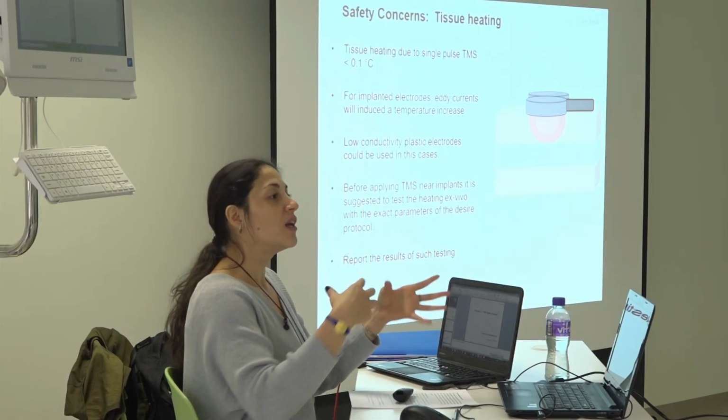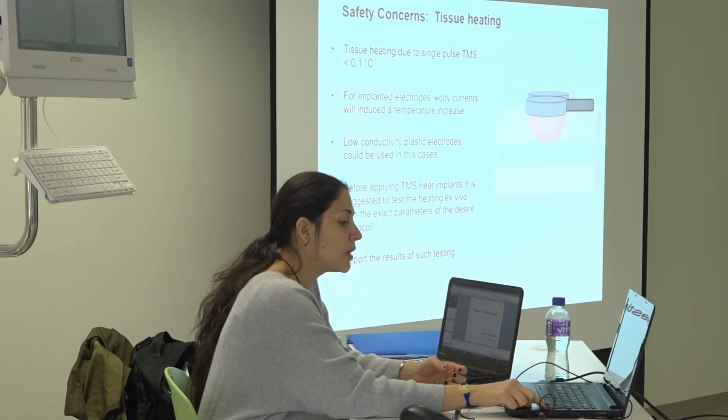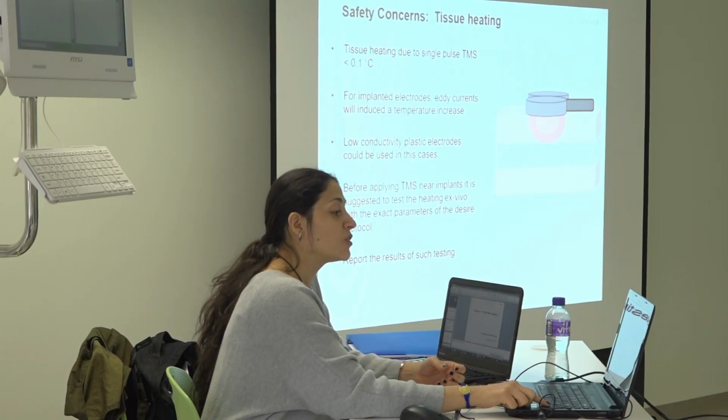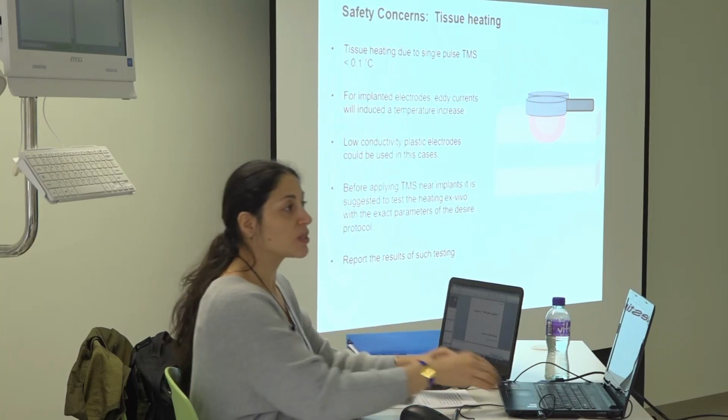They are testing temperature, sound, and all this kind of stuff, checking how the coil overheats. So when you have these kinds of special conditions in your experiment, you also need to test how things behave, and then report the results of this testing so that everybody knows what you got, and I can also use it for my research.